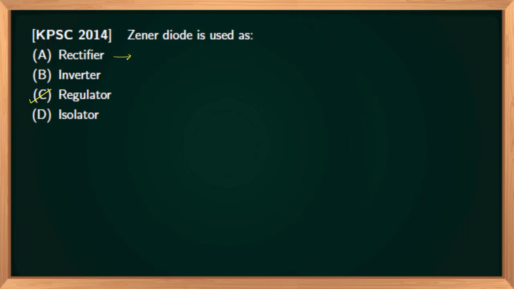We have three different types of rectifiers: half wave rectifier using a single diode, full wave rectifier circuit using a center tapped transformer that uses two diodes, and a bridge rectifier that uses four diodes for rectification. The inverter is a circuit used for converting DC to AC. Regulator converts variable DC to fixed DC.